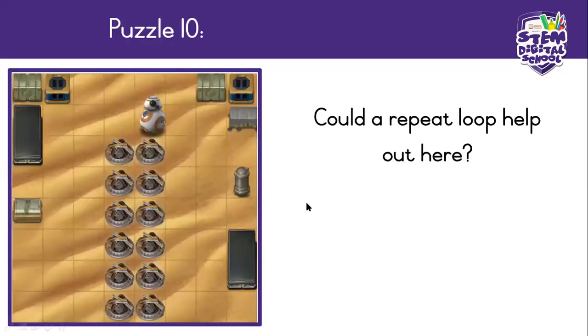Okay, we looked at puzzle 10 last week, but we only went up to puzzle 9. Now I want you to quickly look at this one. There are also different solutions to this puzzle. And I want to know if a repeat loop could help out here. How would you solve this puzzle?